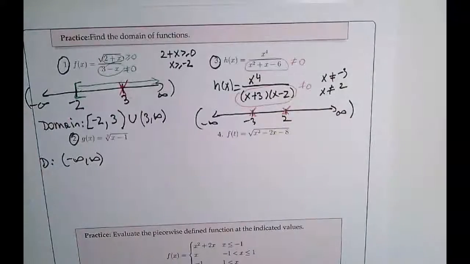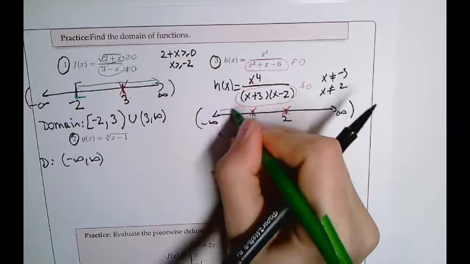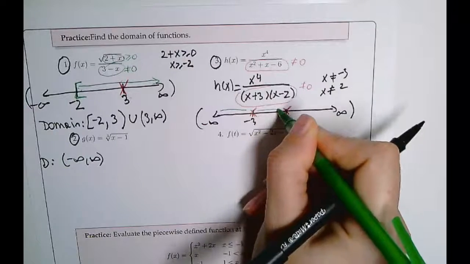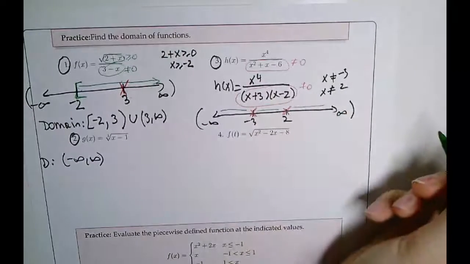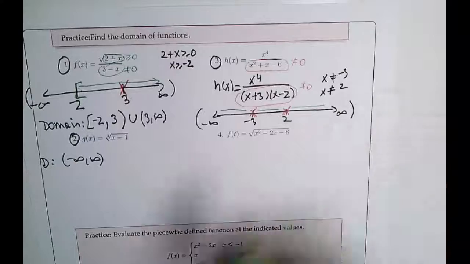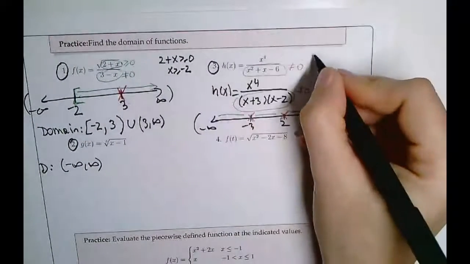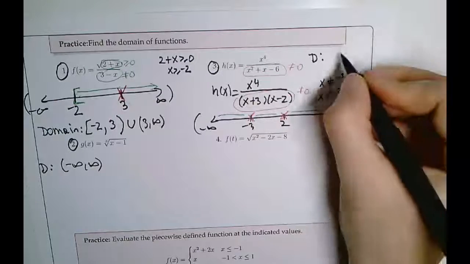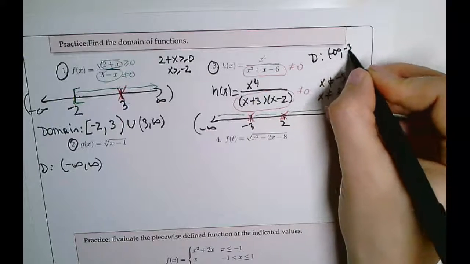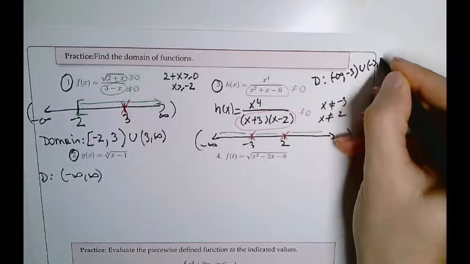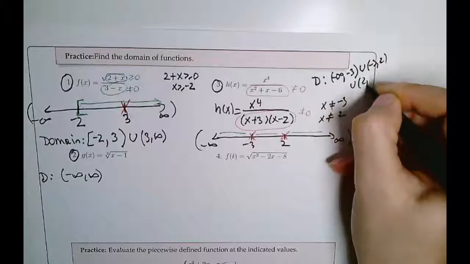So it can be everything in between. It can be negative infinity to negative 3, and then negative 3 to positive 2, and then 2 to infinity. So if you want to write down the domain in interval notation, I need more space. So the domain for this one will be negative infinity to negative 3, union negative 3 to 2, and then union 2 to infinity.